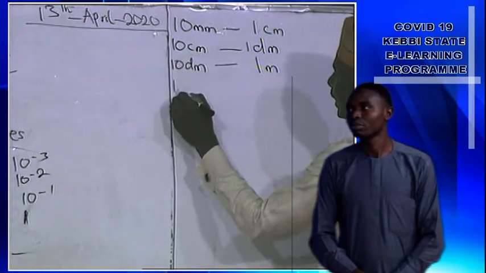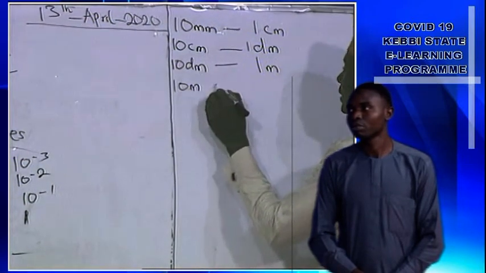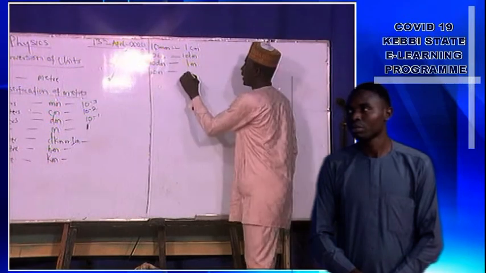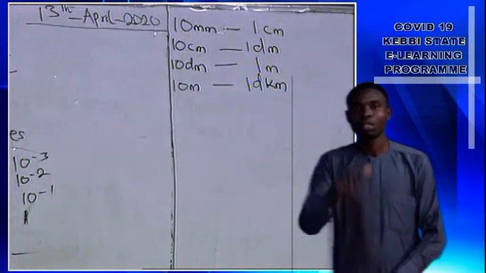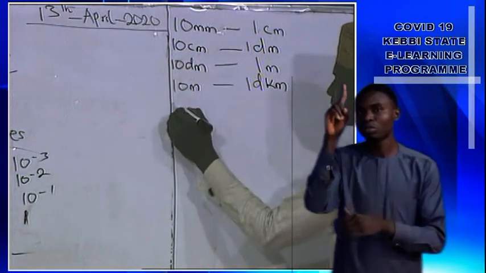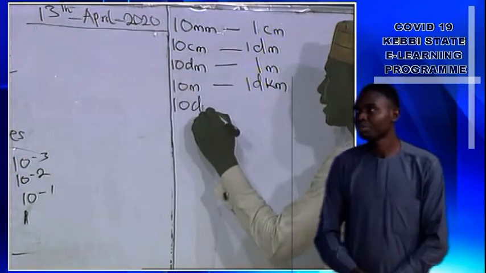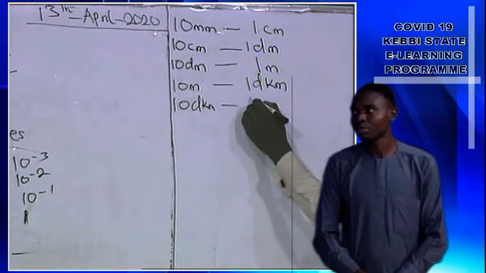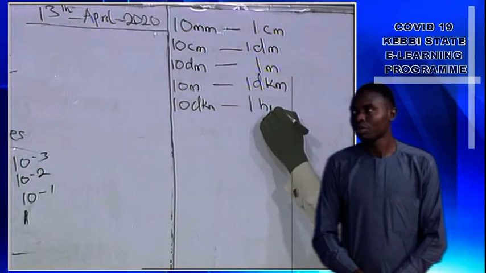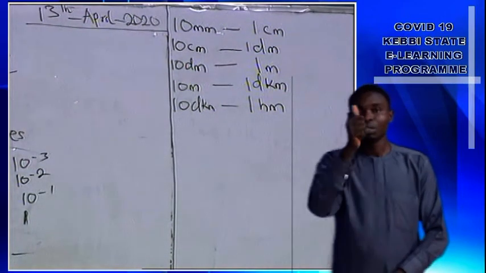Then 10 meters will give us 1 decameter. Then 10 decameters will give us 1 hectometer.